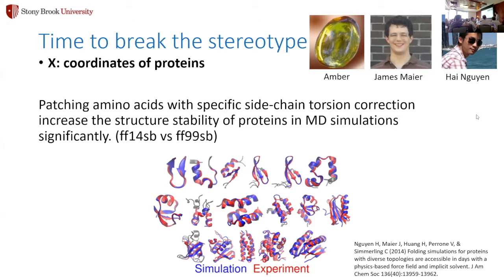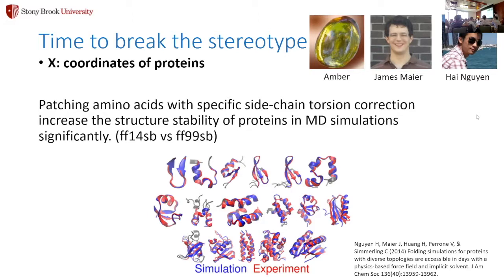This is without restraint, a pretty remarkable accomplishment. What they changed in 14SB is that they apply amino-acid-specific sidechain corrections to each amino acid to make it more like quantum mechanics.